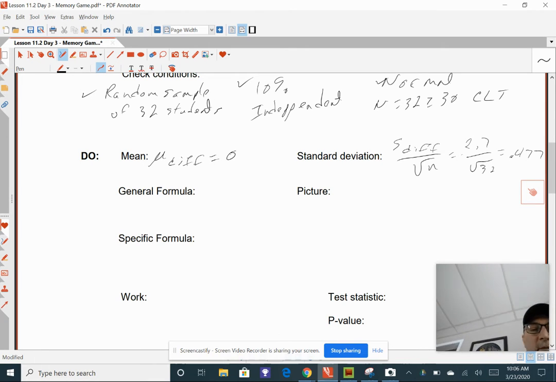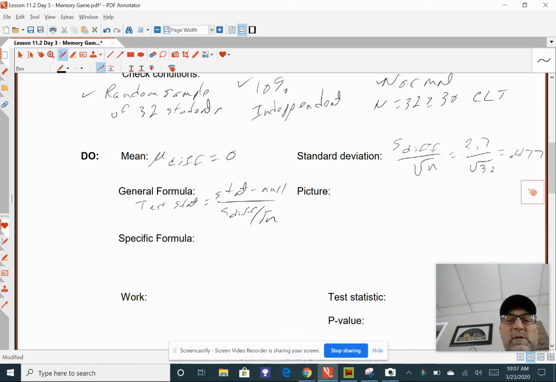So our general formula, our test statistic equals our statistic minus the null divided by the standard error. So standard deviation over square root of n.